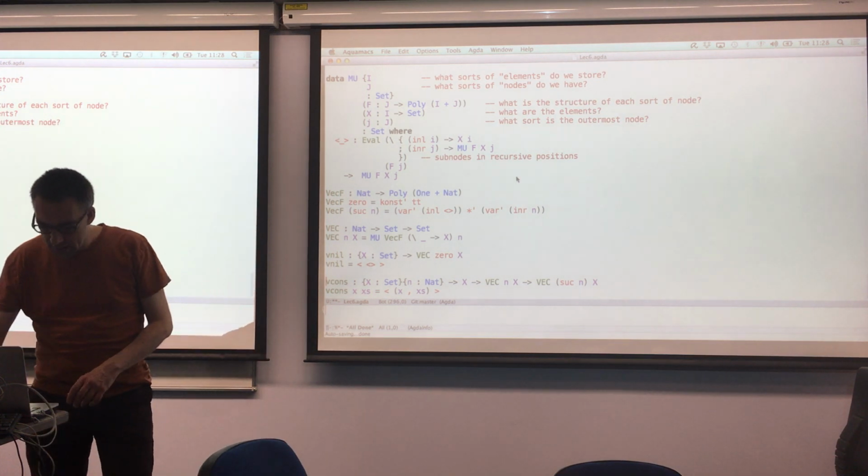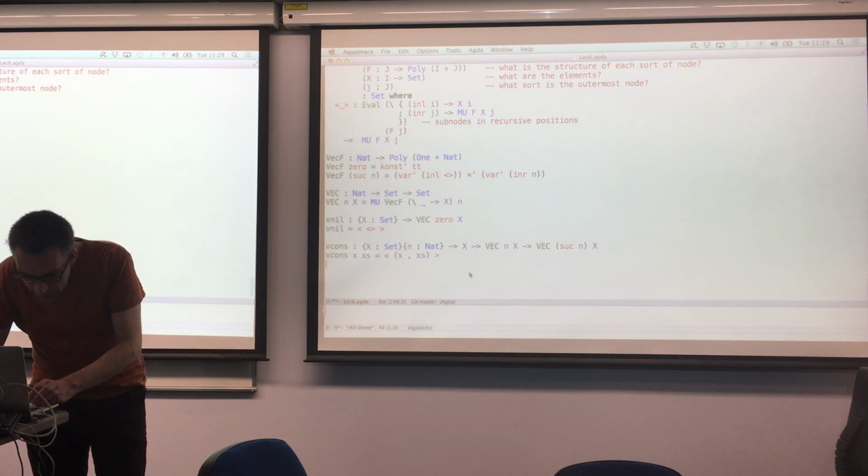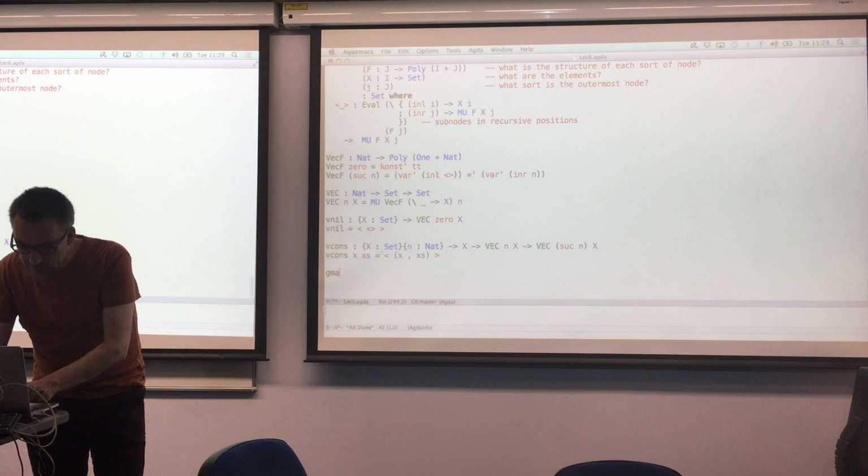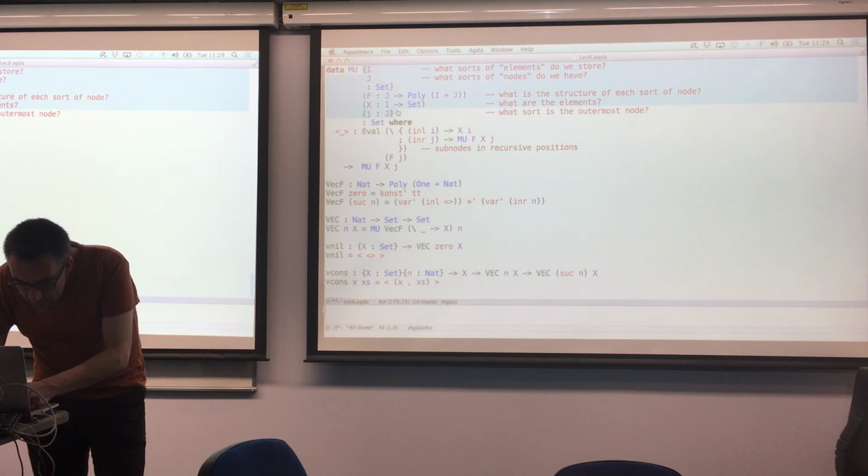That's one thing that's worth doing. So let's see if we can explain how to write the generic map operation.